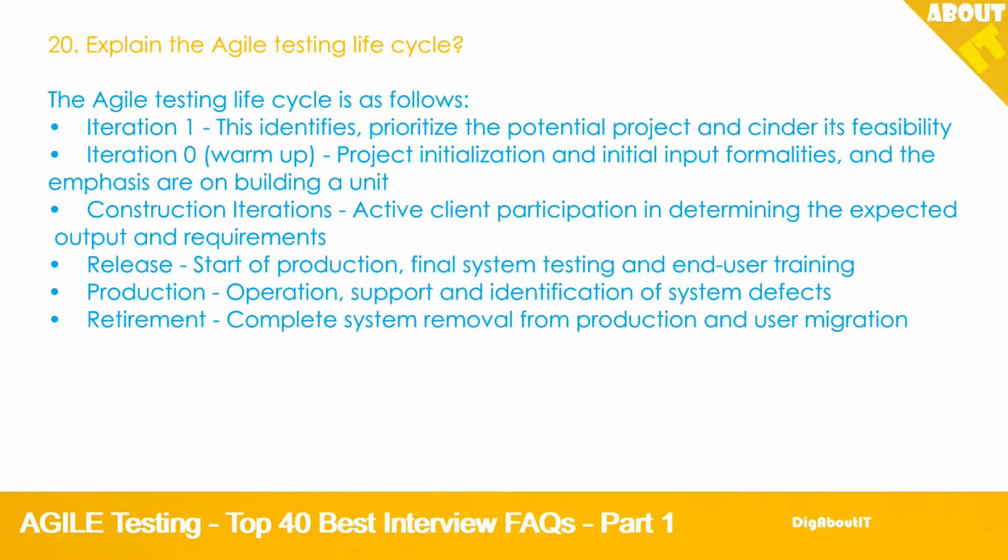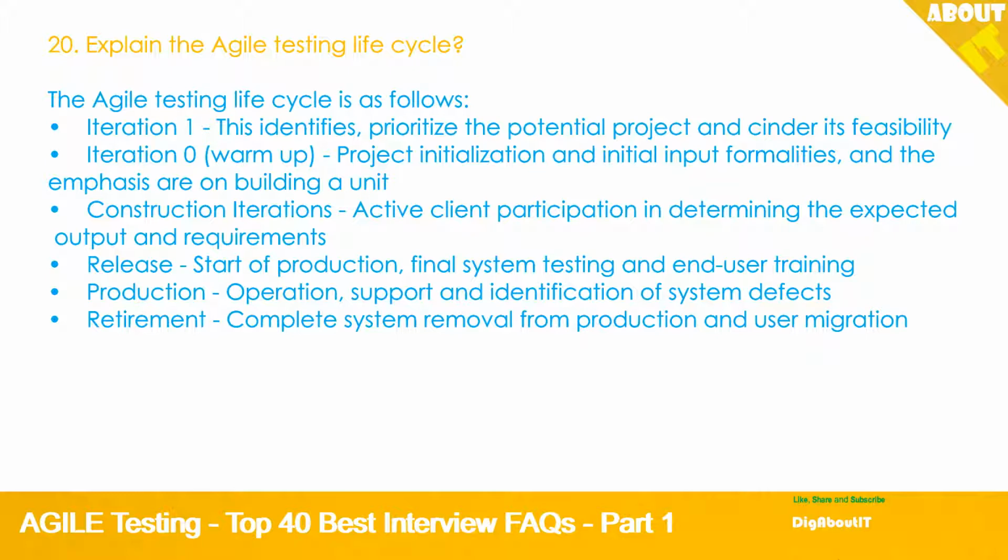20. Explain the Agile testing life cycle. The Agile testing life cycle is as follows. Iteration 1: this identifies and prioritizes the potential project and considers its feasibility. Iteration 0: warm-up, project initialization and initial input formalities, and the emphasis is on building a unit.